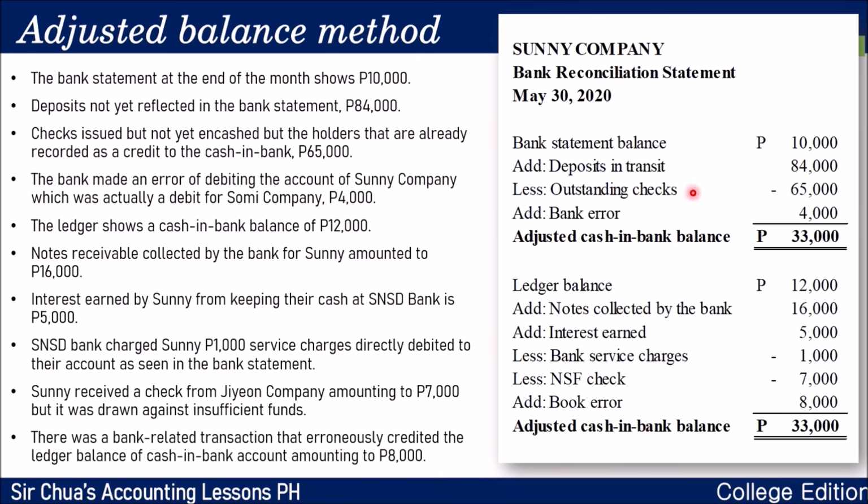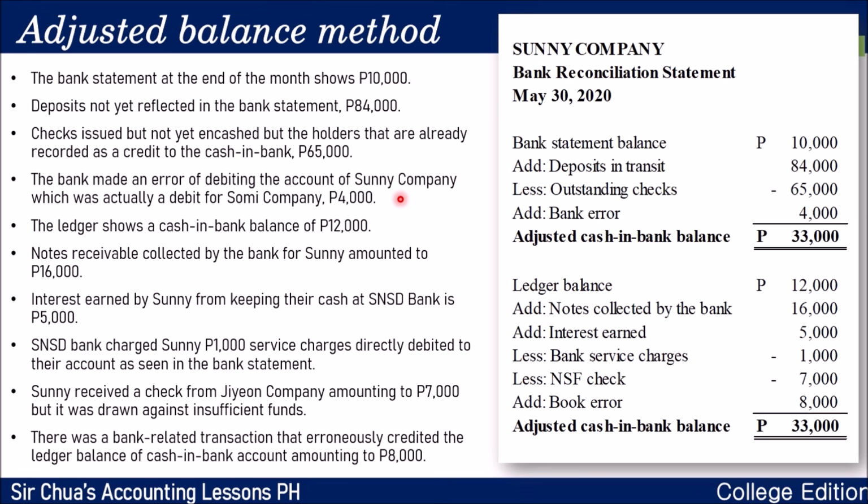Okay? And then, the bank made an error of debiting the account of Sunny Company, which was actually a debit for Somi Company, 4,000. Remember, kapag ka po bangko ang nag-debit, pabawas po yun. Kasi baliktad po tayo ng rules ng debit and credit pag sa bank statement, di ba? So, ibig sabihin po, dapat daw po yung 4,000 ay ide-debit ng bangko kay Somi Company.